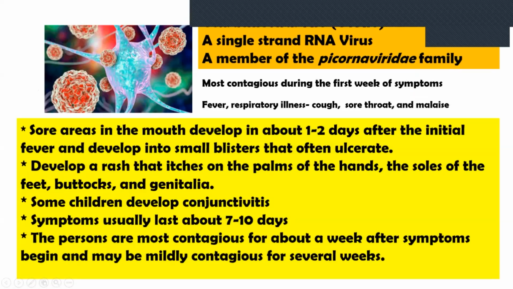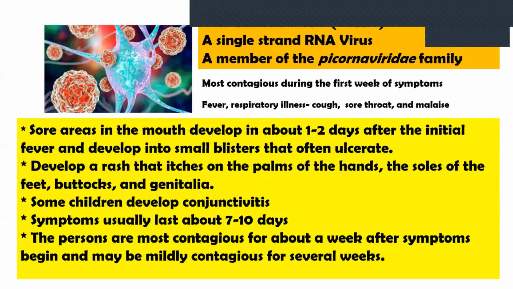The first is Coxsackie virus type A, and the other is Coxsackie virus type B. Hand, foot, mouth disease is caused by Coxsackie virus type A16. It is most contagious during the first week of symptoms.